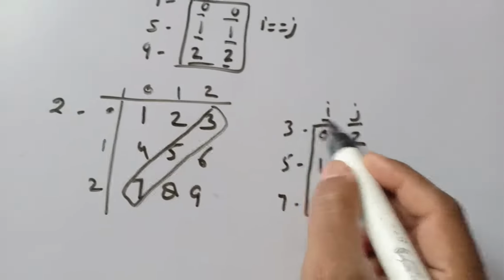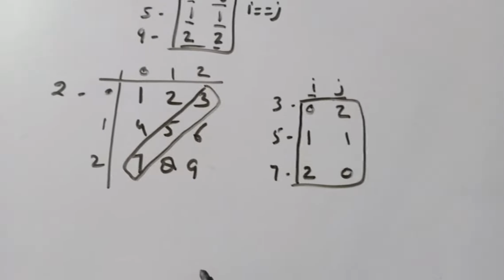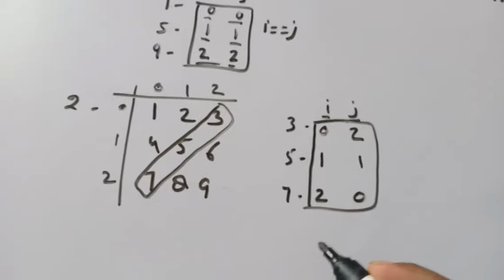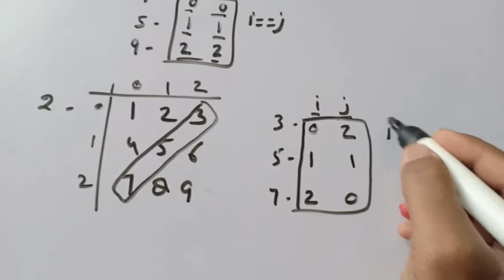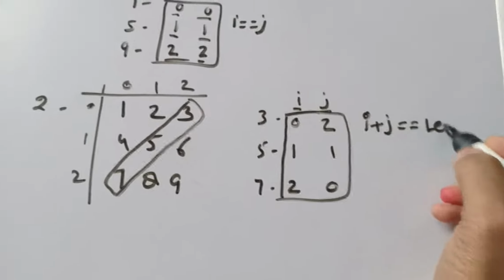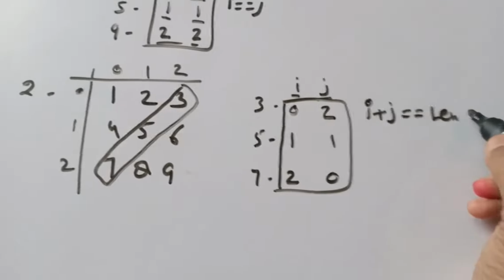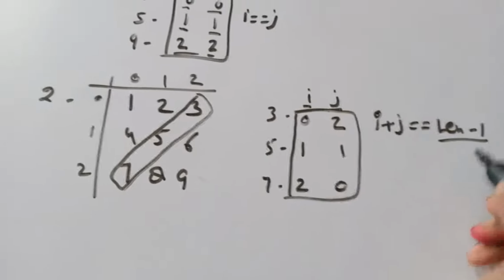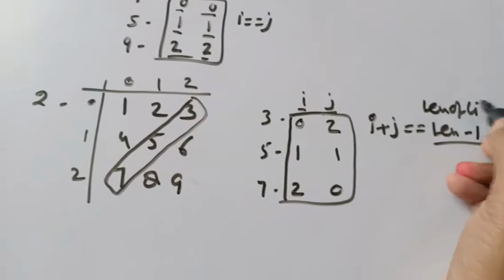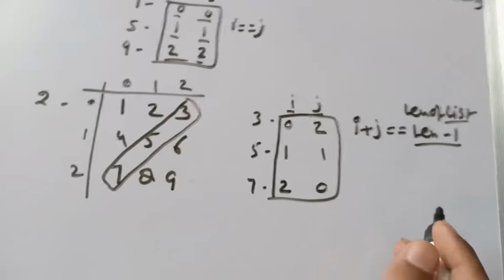Just try to find out the relation here. In this case, what I found is I plus J is equal to length of list minus 1. Len means length of list, minus 1.